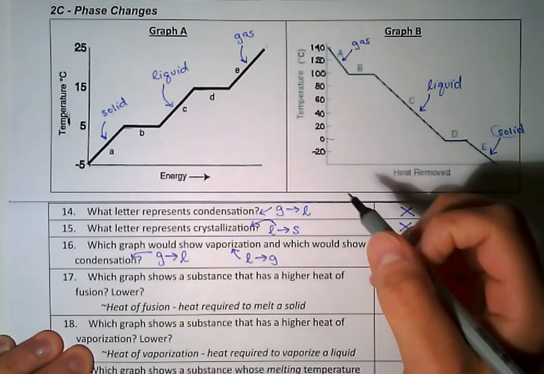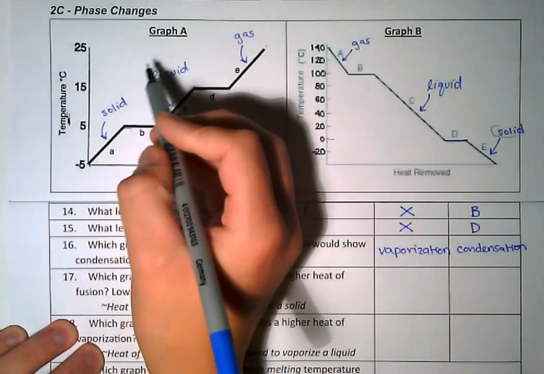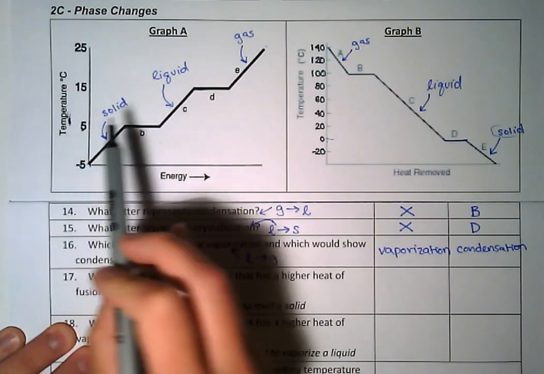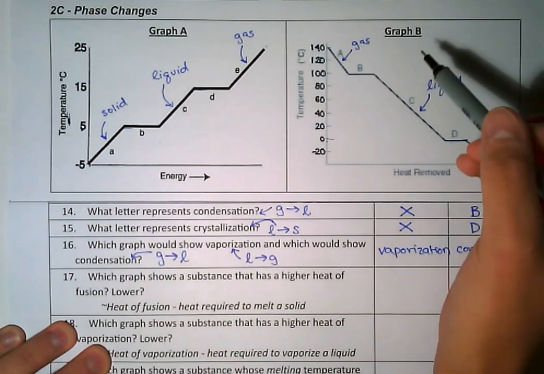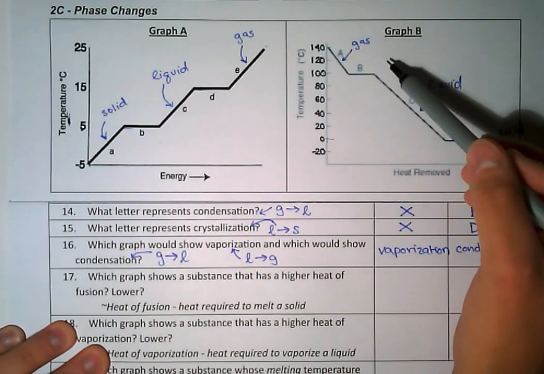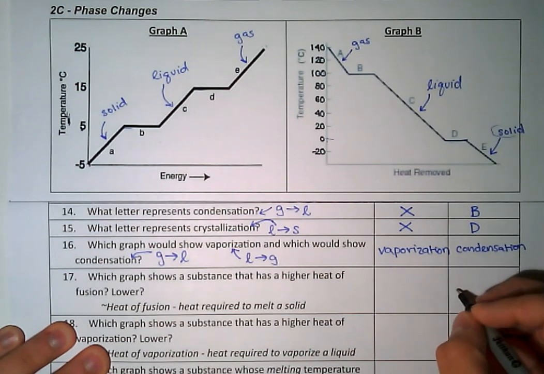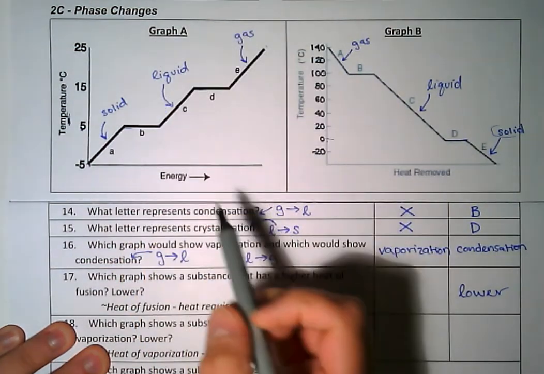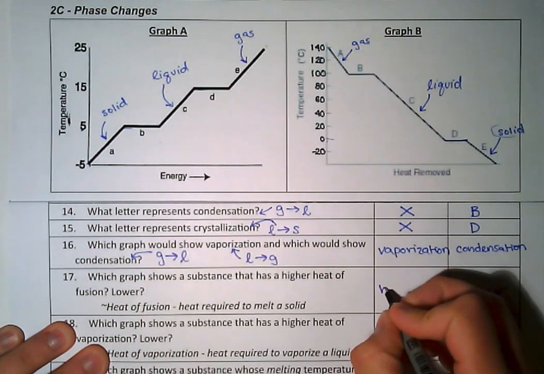Let's look at the melting temperatures of these substances. Graph A melts at 5 degrees Celsius and graph B melts at 0 degrees Celsius. So the substance shown in graph B has a lower heat of fusion, and graph A would have a higher heat of fusion because it melts at a higher temperature.